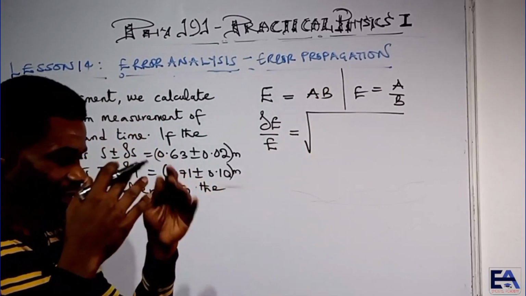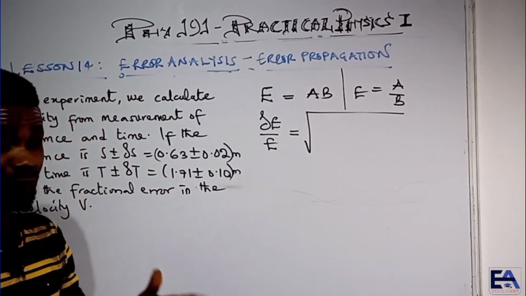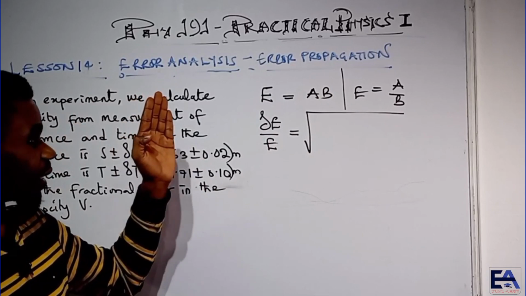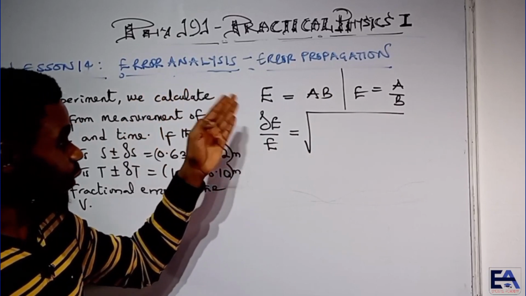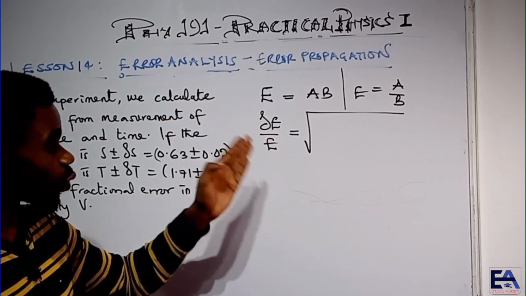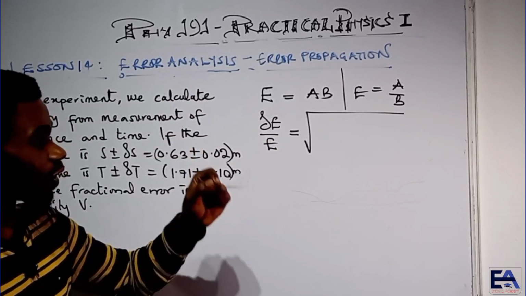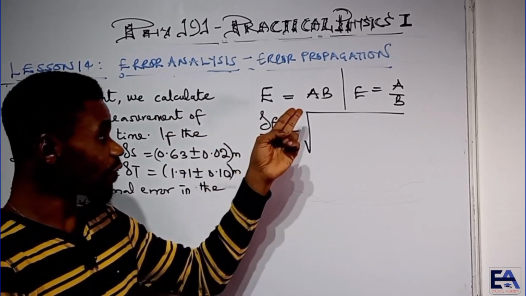The English is somehow, but it is just simple and straightforward. When we have two quantities multiplying each other, the fractional error is given as the sum of the squares of the fractional errors of the factors.